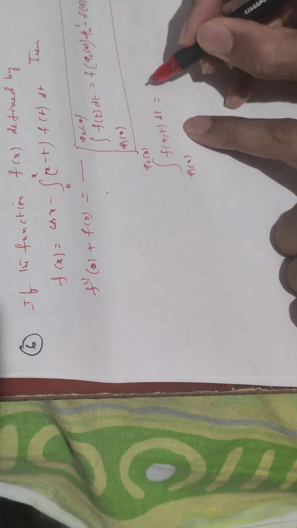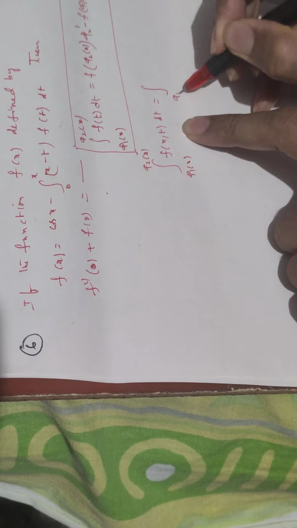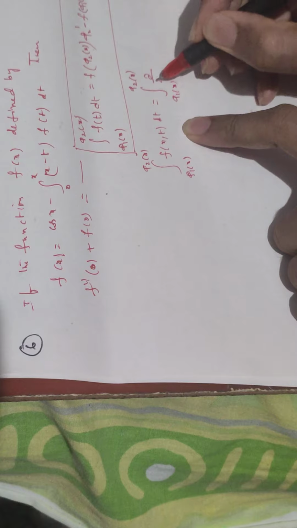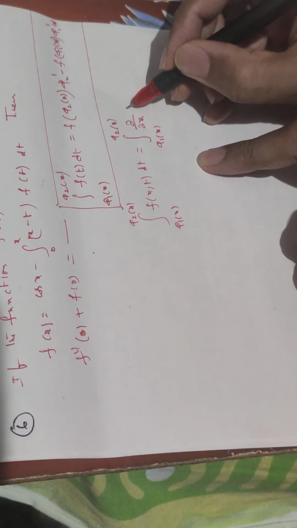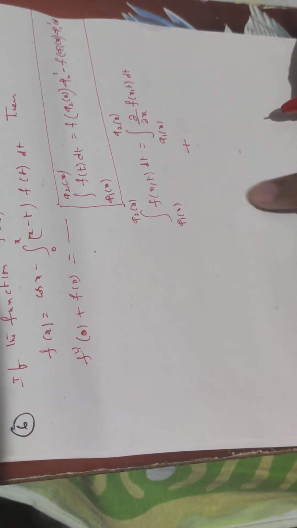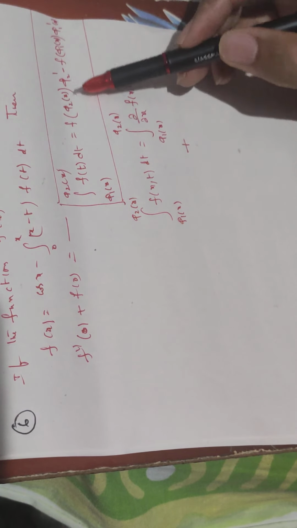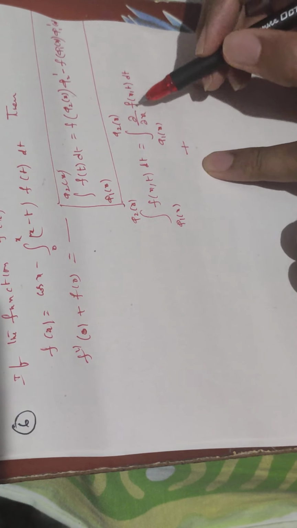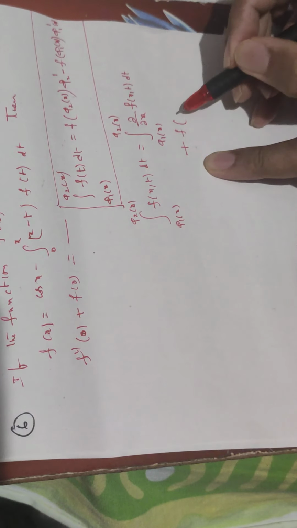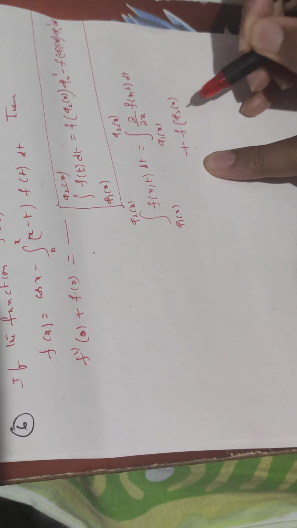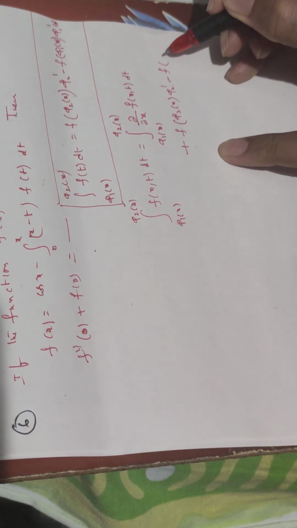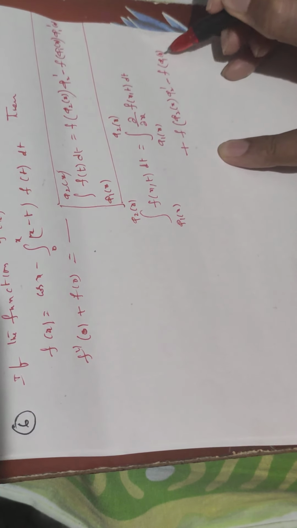So the formula is integral from phi 1 of x to phi 2 of x of dou by dou x of f of x comma t dt, plus the remaining part is same as the first formula: f of phi 2 of x into phi 2 dash, minus f of phi 1 of x into phi 1 dash.